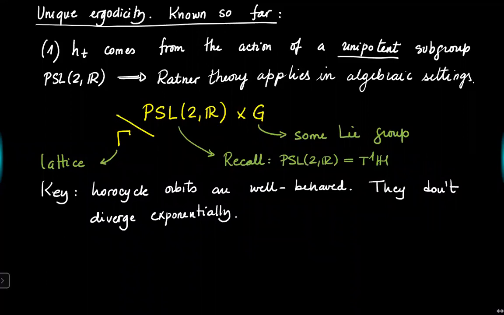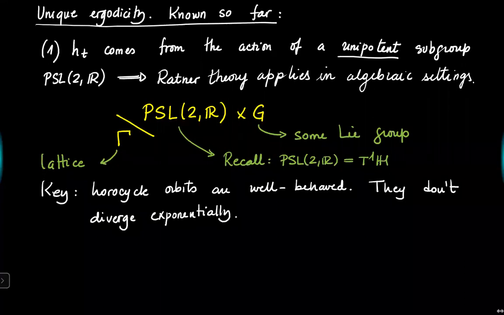And divergence of orbits is polynomial with time. So this is a flow which is really, really well behaved. And this is key to the proof of Ratner's theorem.